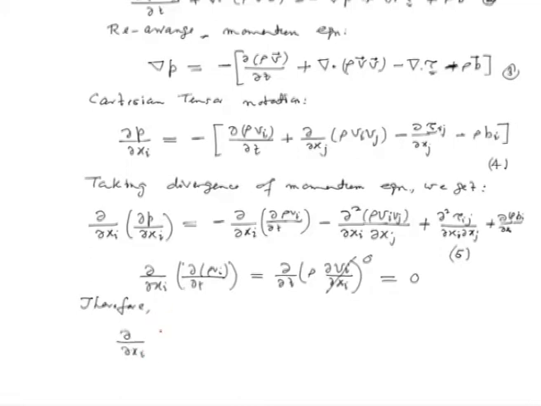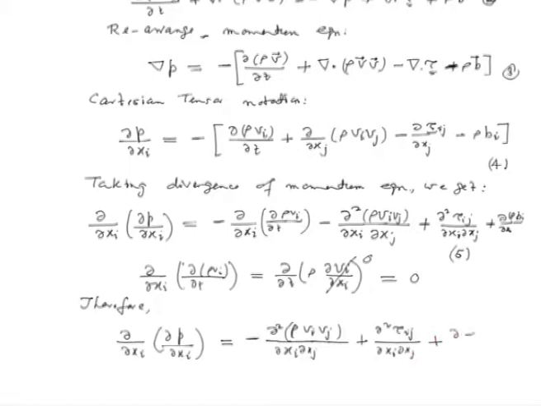Del over del x i of del P over del x i is equal to minus del 2 over del x i del x j of rho V i V j plus del 2 tau i j over del x i del x j plus del of rho B i over del x i.